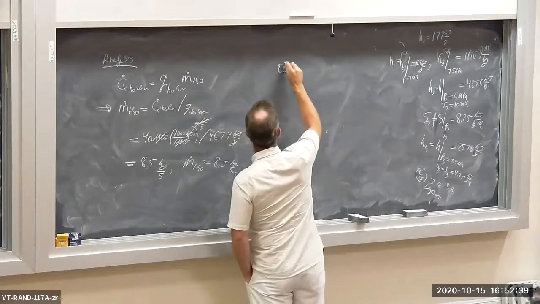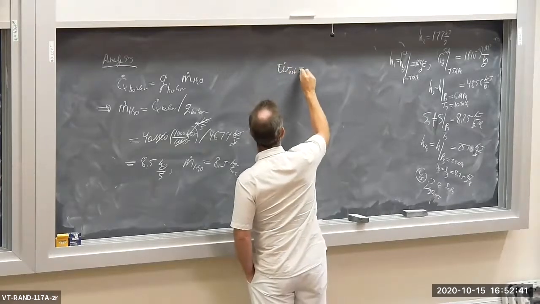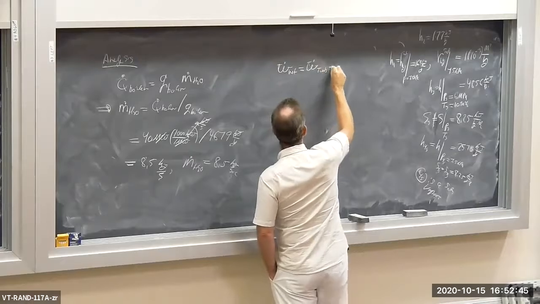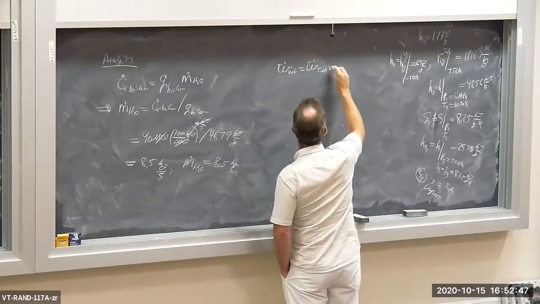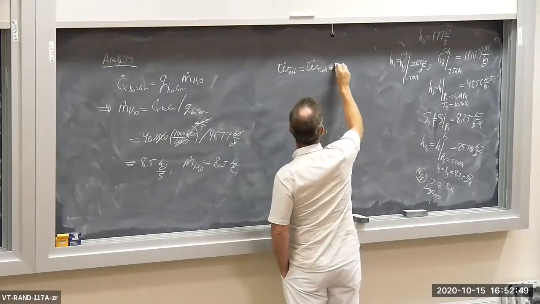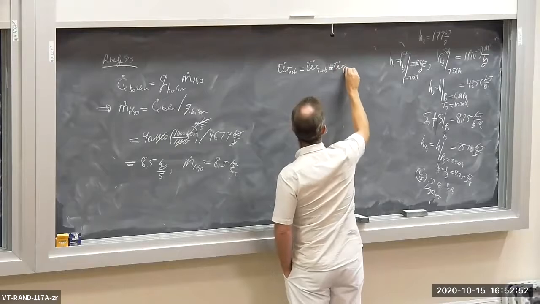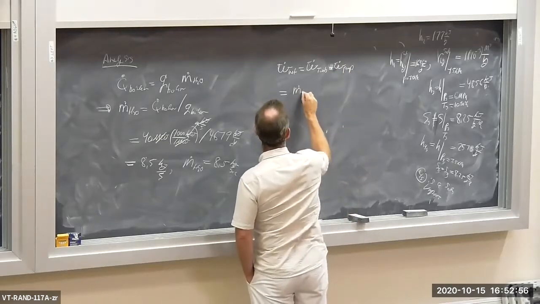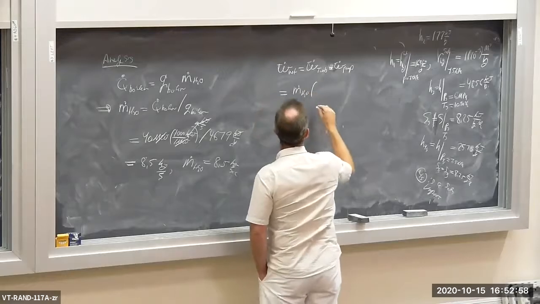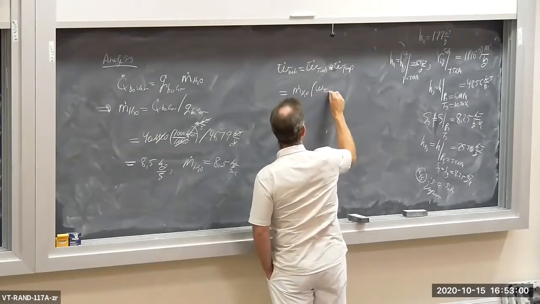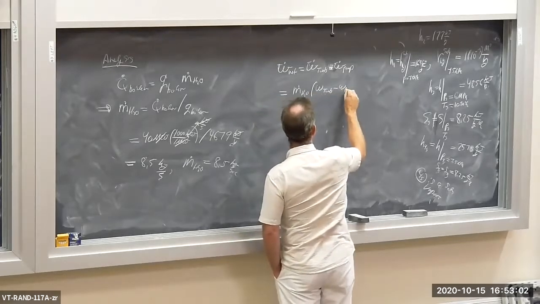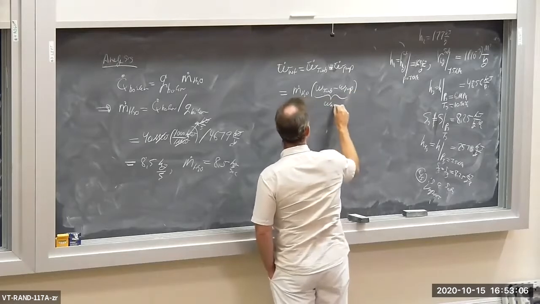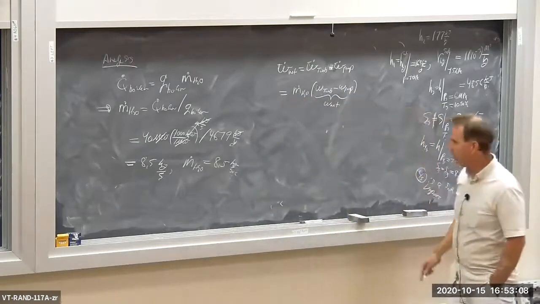So W dot net is equal to W dot turbine minus W dot pump, which is equal to m dot H2O times w turb minus w pump. And of course, this is w net. That's w net right there.